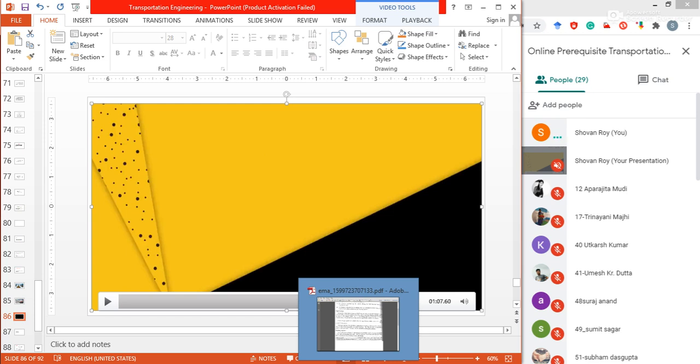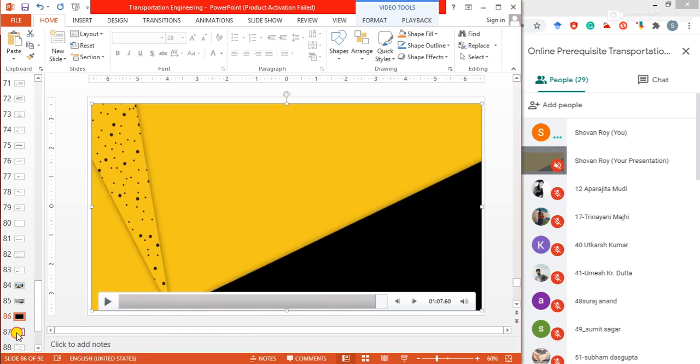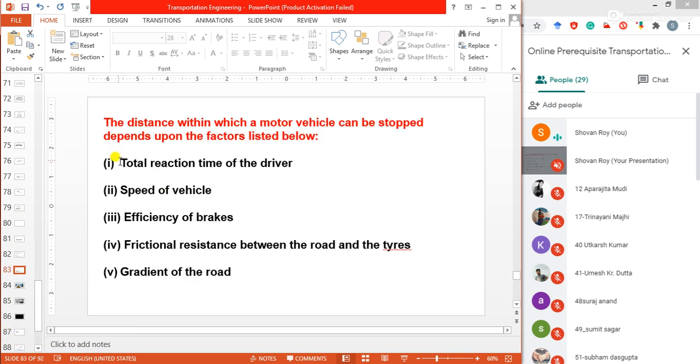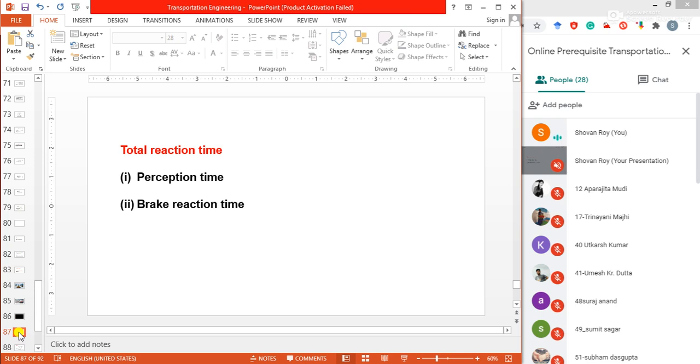Now the next is the total reaction time. We have already seen that the distance within which a motor vehicle can be stopped depends upon this total reaction time.